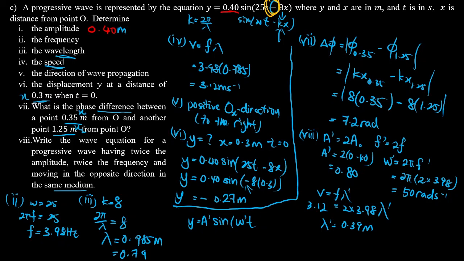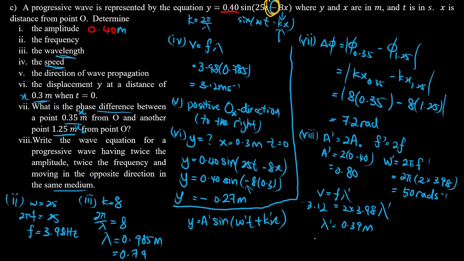Sorry, I forgot to write down the new omega. Because it's in the opposite direction, it must be positive instead of negative, because initially you had a negative sign, plus kx. This is your new k.